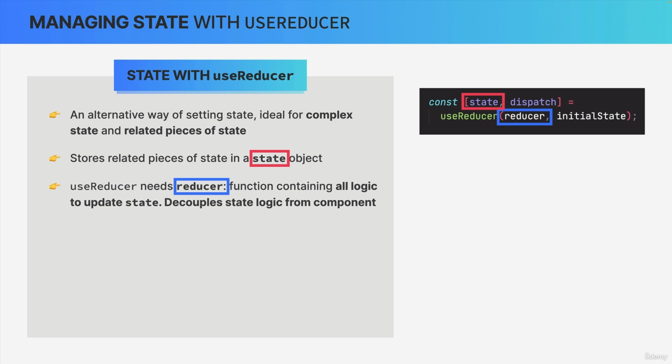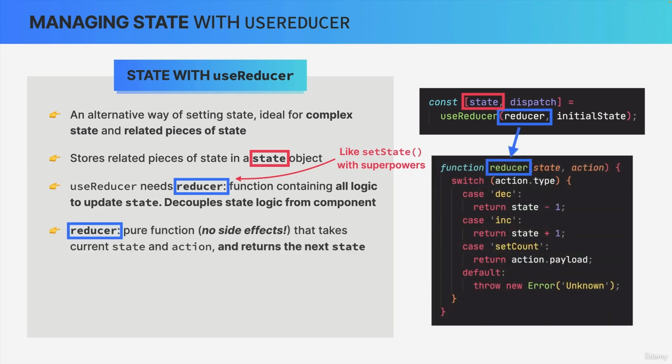So when we manage state with useReducer, it's ultimately this reducer function that will be updating the state object. So in a way, it's a bit like the setState function in useState, but with superpowers. Now, in practice, the reducer is simply a function that takes in the current state and an action, and based on those values, returns the next state, so the updated state.